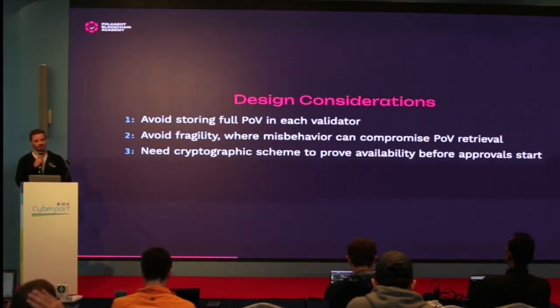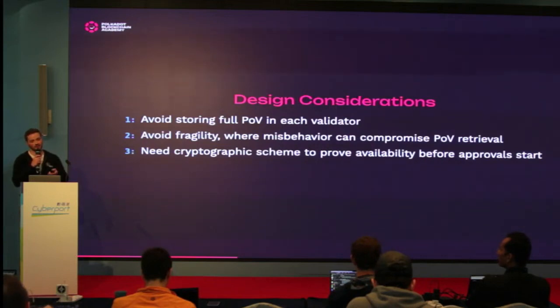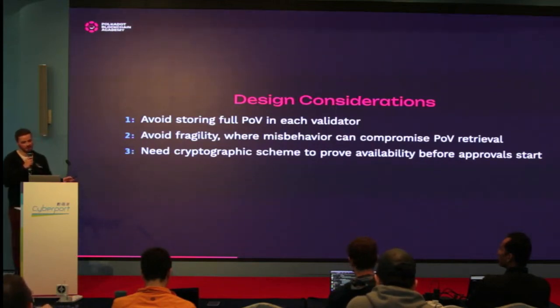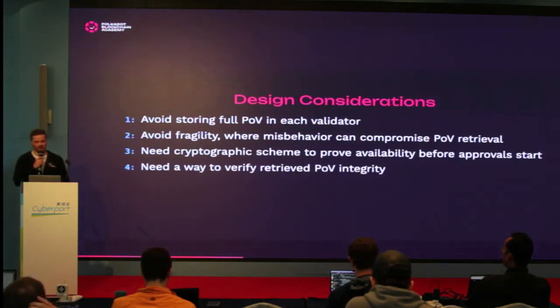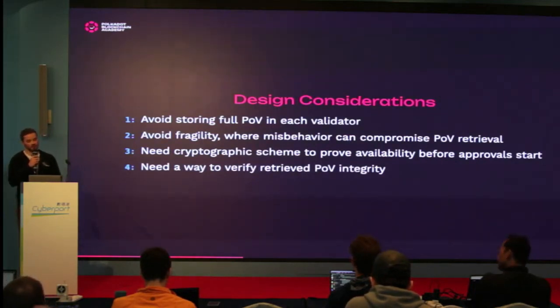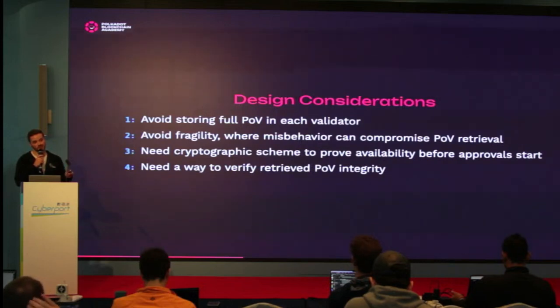Because if anyone can lie and say that something's available when it's really not, suddenly our finalizing an invalid block problem comes back on the scene. And finally, we need a way to verify that the retrieved proof of validity is actually the same proof of validity that backers initially distributed to the data availability layer.